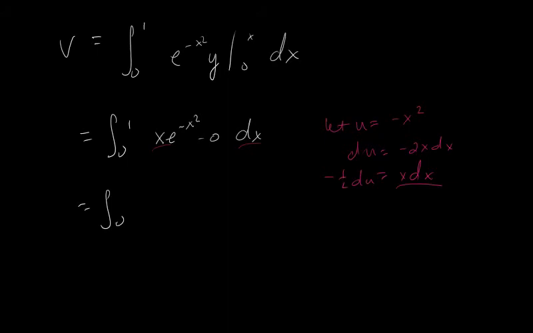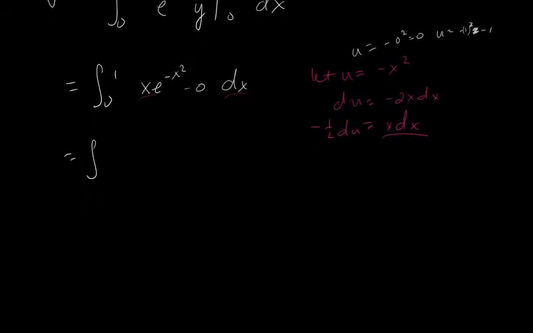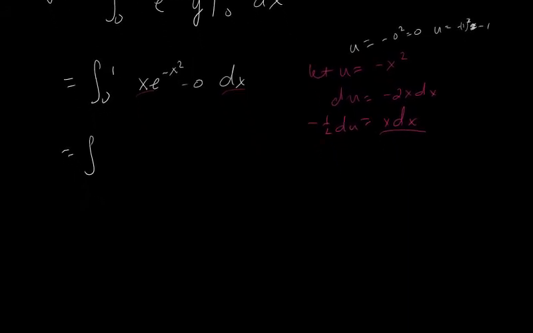It's not 0 to 1 anymore, though, because we're integrating with respect to u now. We'll change the boundaries back in a moment. If you wanted to change the boundaries now, we've got u at 0, that would be negative 0 squared, which is 0, and at 1, that would be negative 1 squared, which is equal to negative 1. So we'd be integrating this from 0 to negative 1 with respect to u, but I'll switch back to x's at the end, and then we'll just switch our boundaries back to x boundaries.